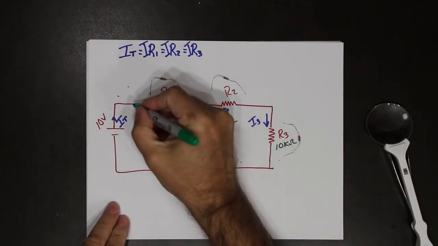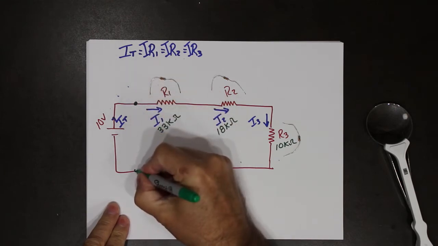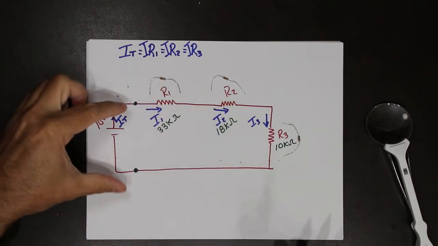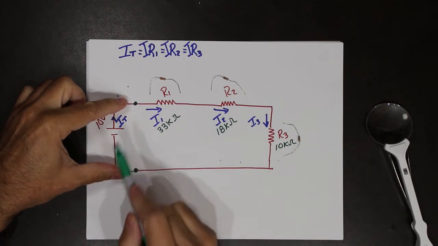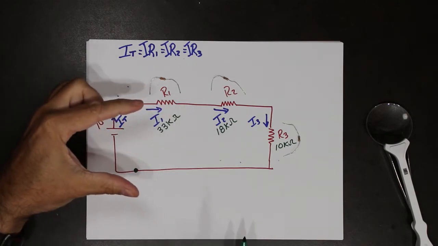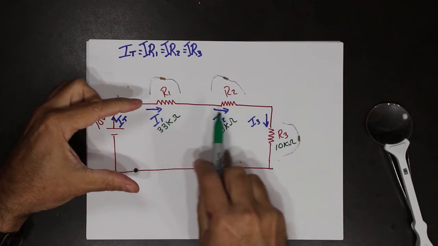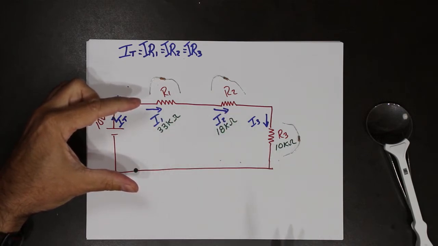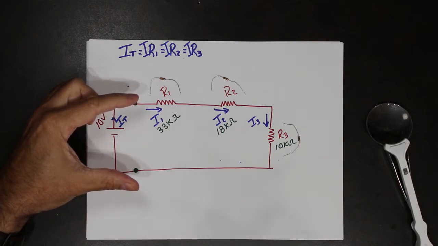If I put 2 dots here and looked from the power supply going that way at these 3 resistors, what total value of resistance would I see?